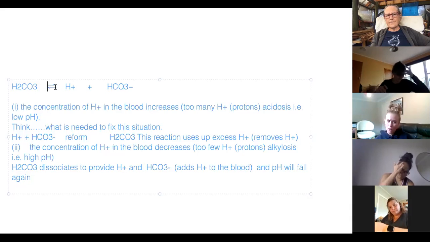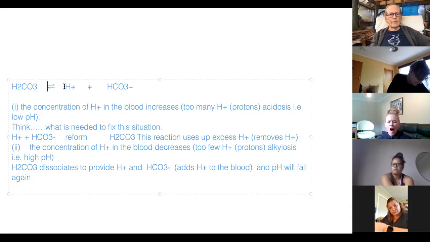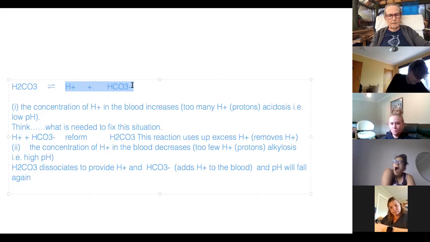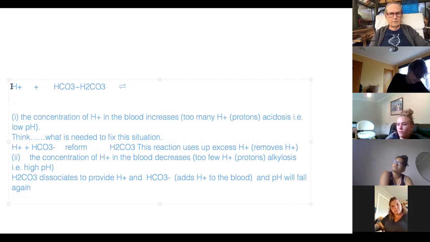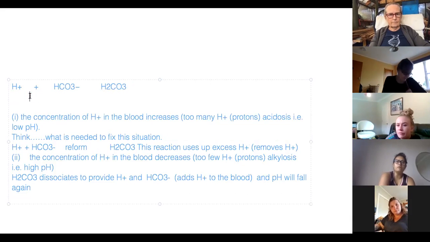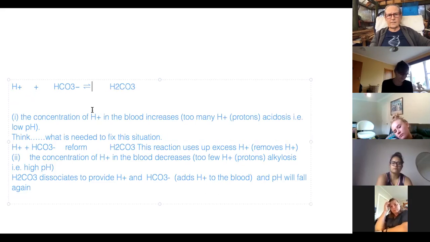So by it being the other way around, what does that mean? Does that mean the two, bicarbonate and whatever that one's called, swap? If I did that, it's still the same thing, yeah?